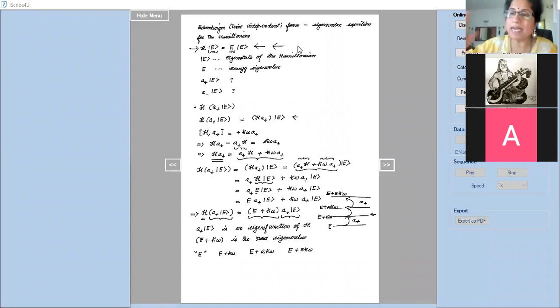Suppose I managed to solve it and I have gotten this E as an eigenvalue, then I automatically know, because of the action of A plus, that I can have E plus h cross omega, E plus 2h cross omega, E plus 3h cross omega, E plus nh cross omega as an eigenvalue. In fact, there is no upper limit. I can keep on climbing.